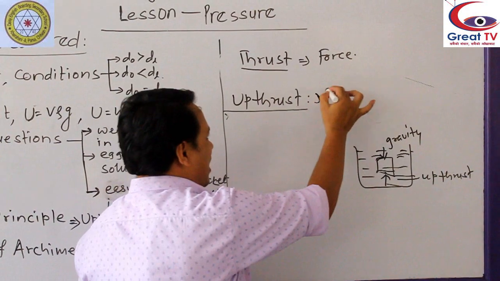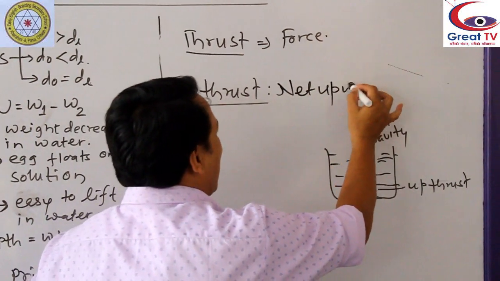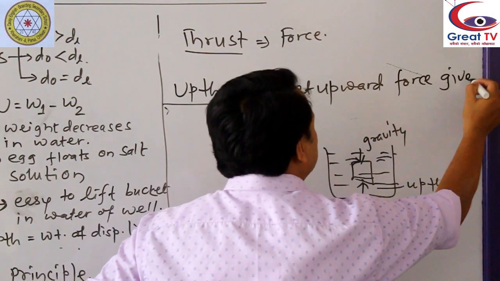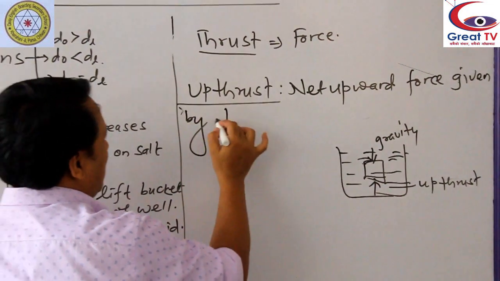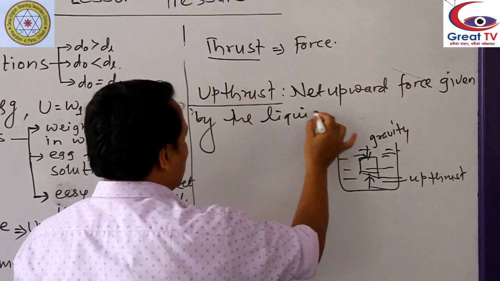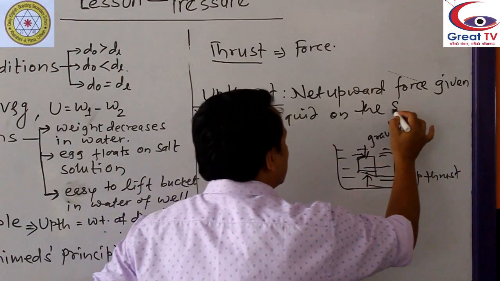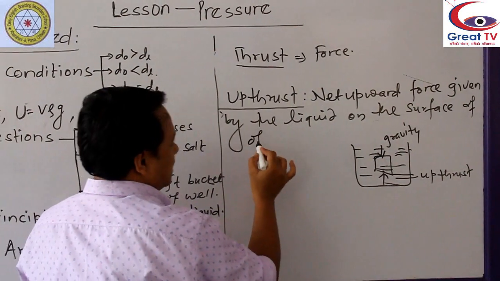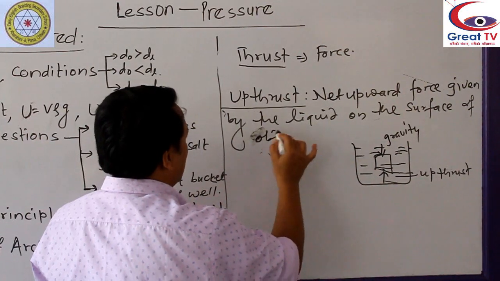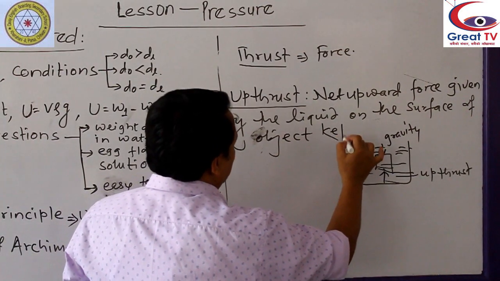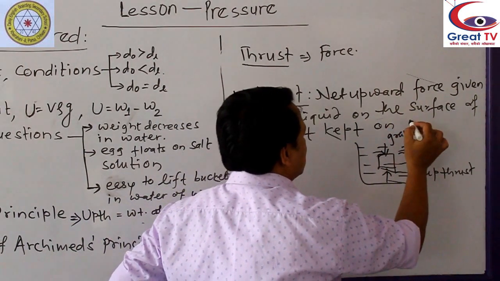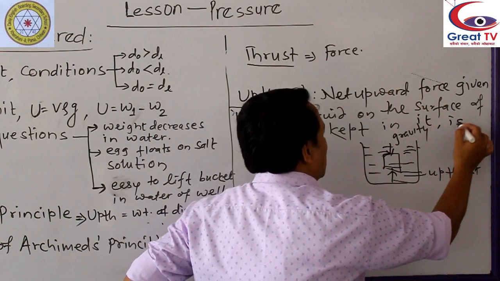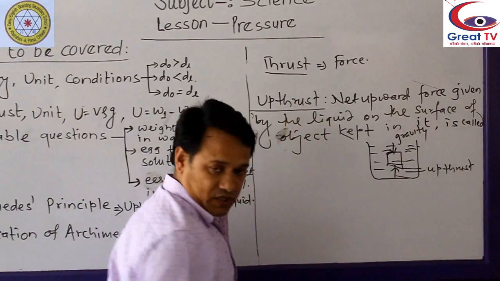Net upward force given by the liquid on the surface of an object kept in it is called upthrust.